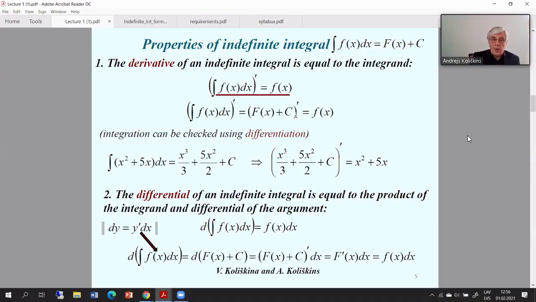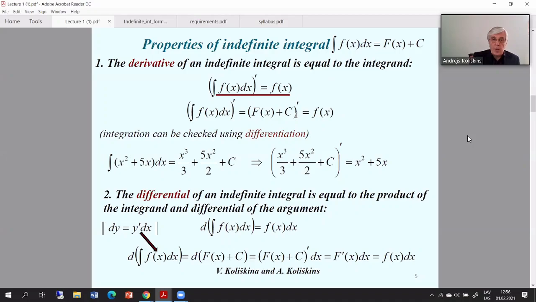And by the way, this is how we can check whether the calculation is correct. So let's assume that we calculate this integral and found the following answer. Now, in order to prove that this is a correct answer, you can differentiate the right-hand side. And if the derivative of the right-hand side is equal to the integrand, then this operation is correct.